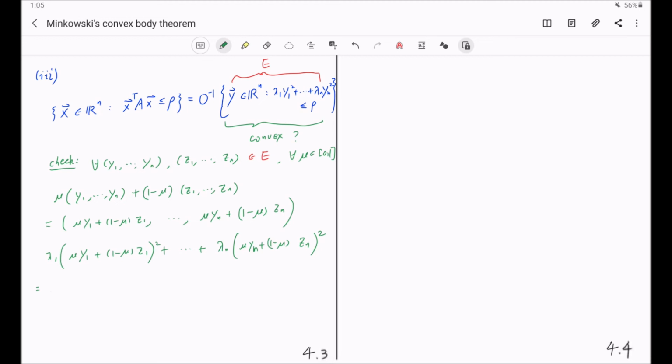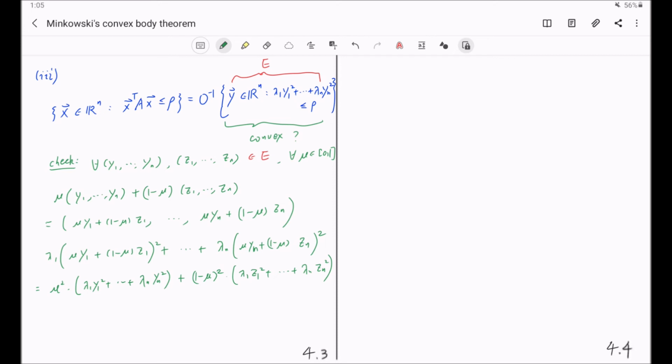The first part will be mu squared times (lambda 1 y1 squared plus ... plus lambda n yn squared). And the last part will be (1 minus mu) squared times (lambda 1 z1 squared plus ... plus lambda n zn squared).